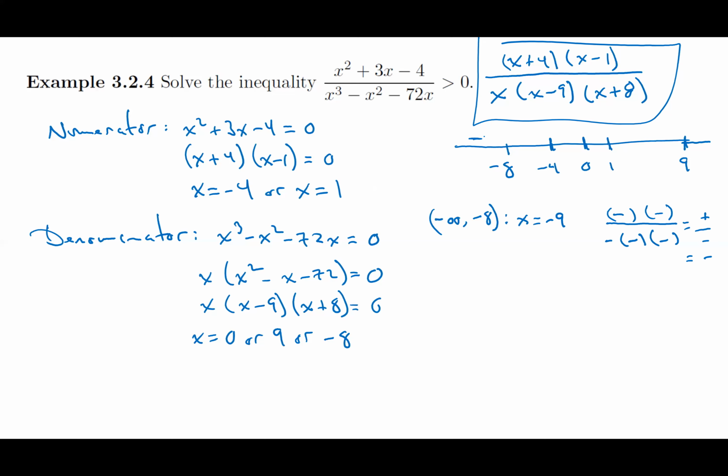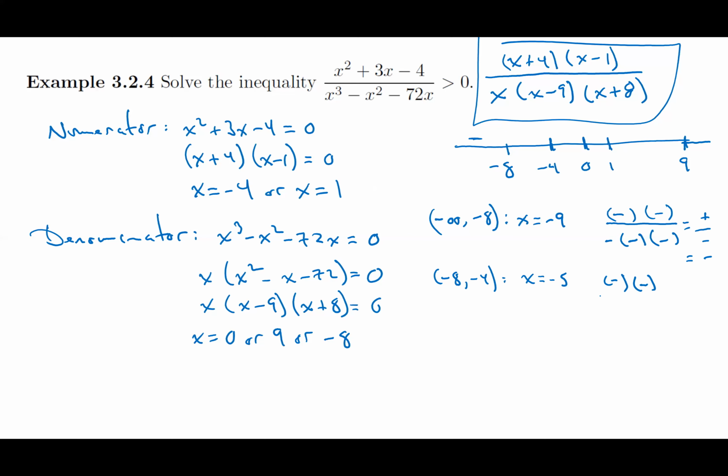And then let's look at the next interval, negative 8 to negative 4. I don't know, how about we let x be -5? Well, if I do that, I have a -5 plus 4, which is negative. I have a -5 minus 1, which is negative.